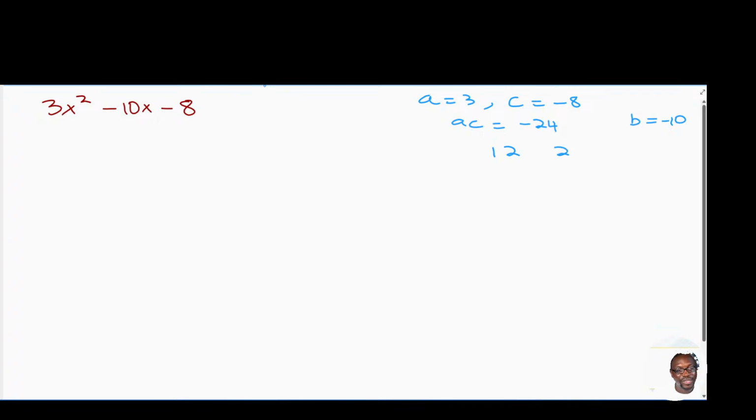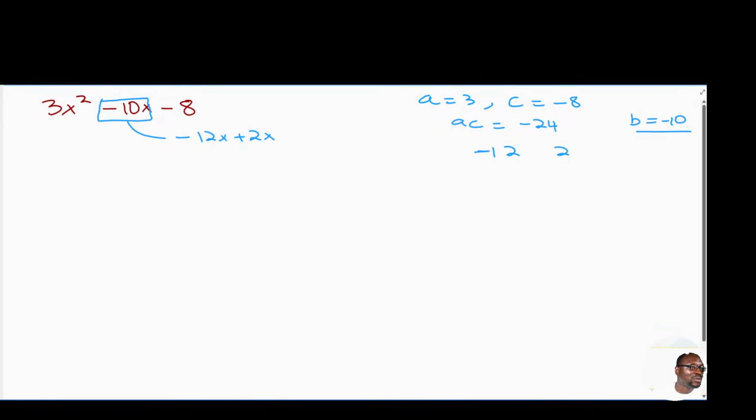So we have 12 and 2 here, but because we want a sum that is negative, we're going to put our negative sign in front of 12. So now we're going to rewrite negative 10x as negative 12x plus 2x.